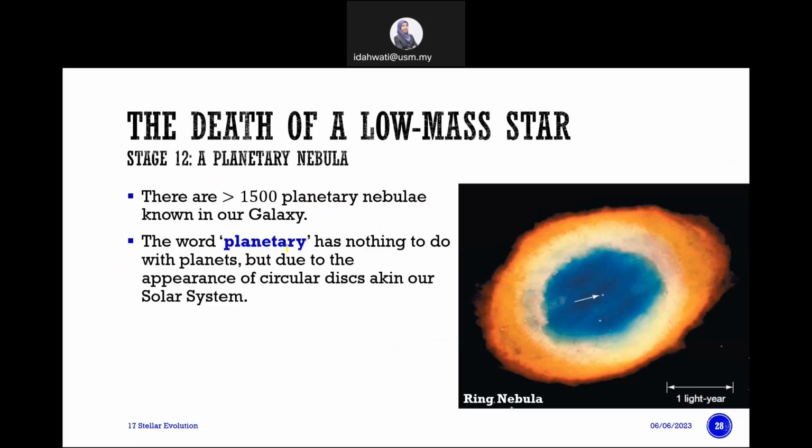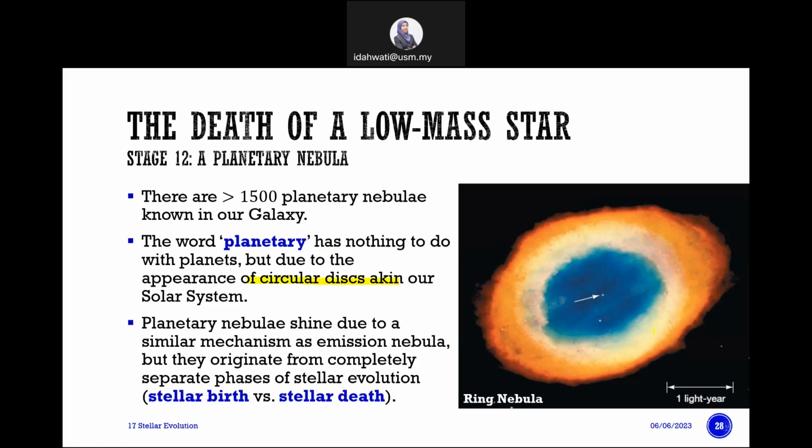The word planetary has nothing to do with planets, but is due to the appearance of circular disks, like our solar system. This planetary nebula shines due to a similar mechanism as an emission nebula, but they originate from completely separate phases of stellar evolution.